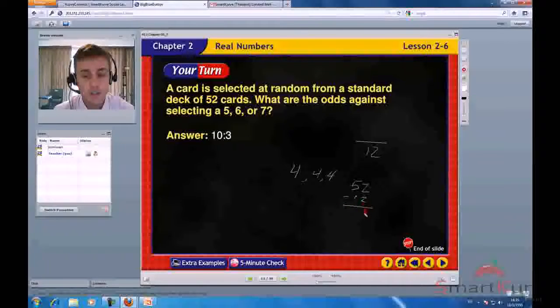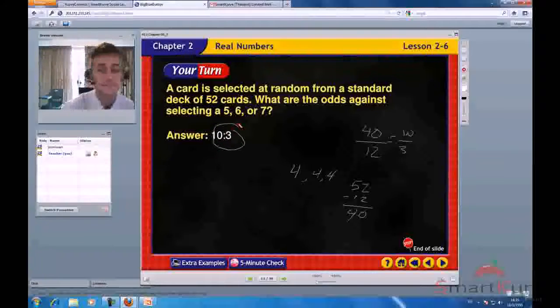There are 4 of each. That gives you 40 cards that would fit that criteria. 40 cards are not a 5, not a 6, not a 7. 40/12 reduces down to 10/3. So the odds against selecting a 5, 6, or 7 are 10 to 3.